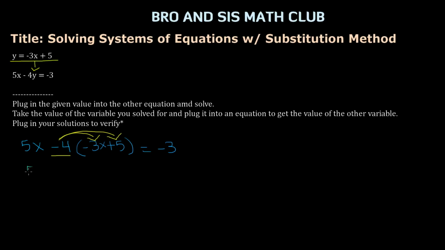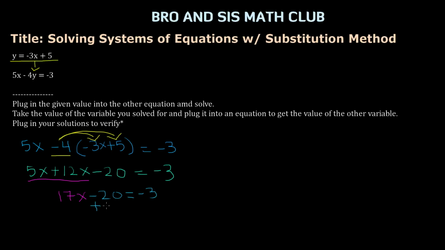And we will get 5x, and then we have negative 4 times negative 3x, which is going to give us a positive 12x, and then negative 4 times positive 5, which is going to give us negative 20, is equal to negative 3. Now what we need to do is combine like terms. So we have 5x plus 12x, which gives us 17x, and then negative 20 is equal to negative 3.